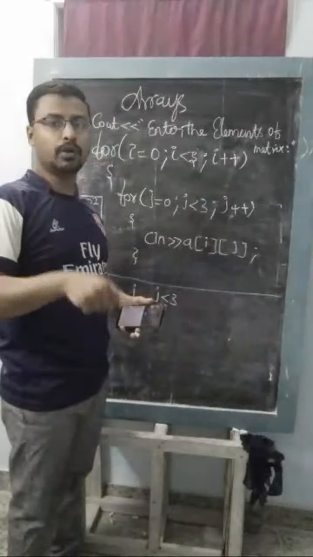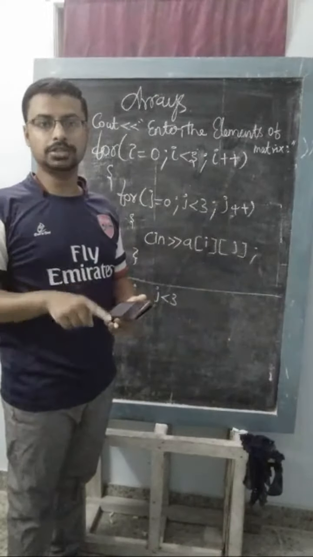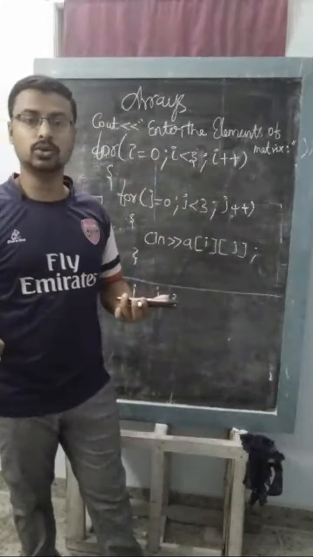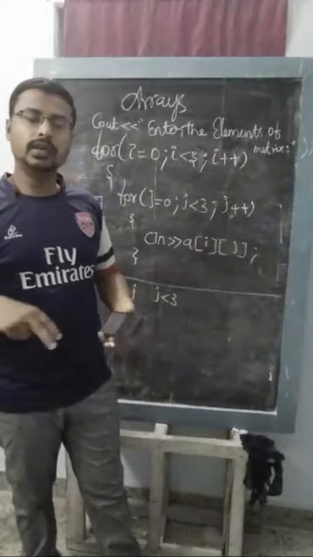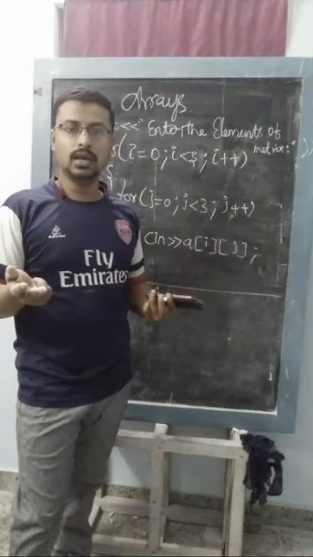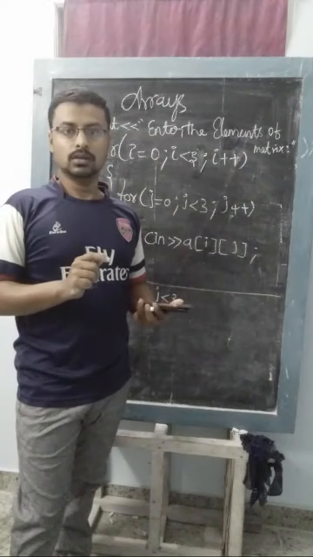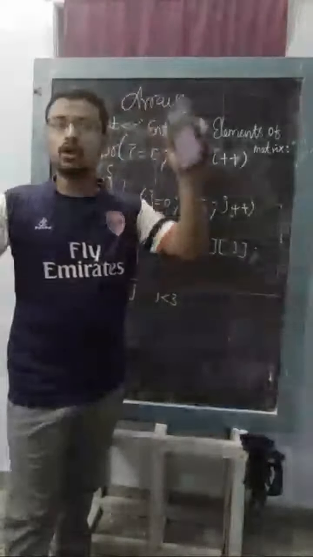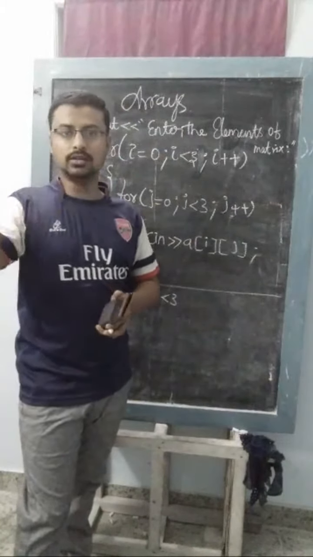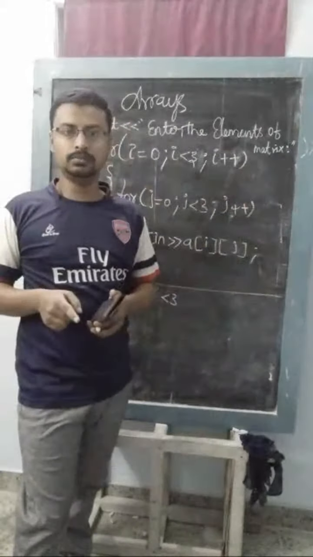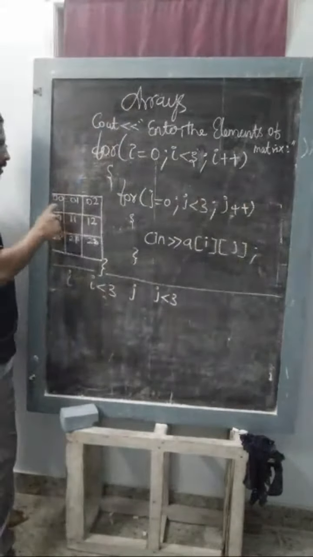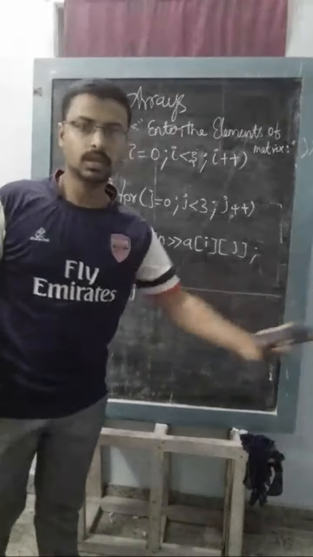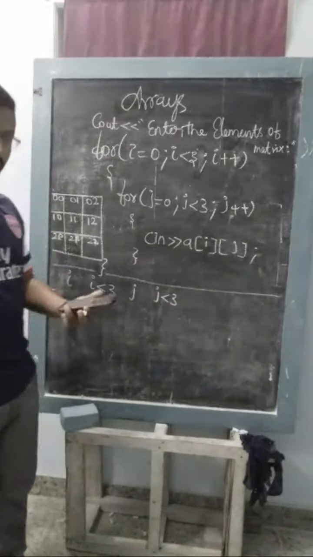Some problems use three-dimensional, four-dimensional, or five-dimensional arrays; we can use any number of dimensions based on the problem. Whenever we use a tabular column format, that is 2D only. A matrix consists of rows and columns, so for these problems we use a two-dimensional matrix. You got it? Okay, fine.